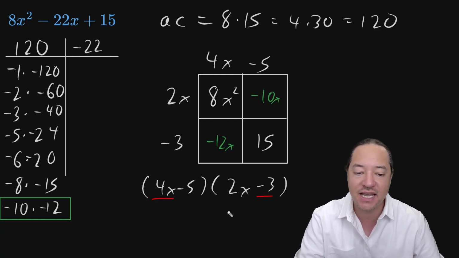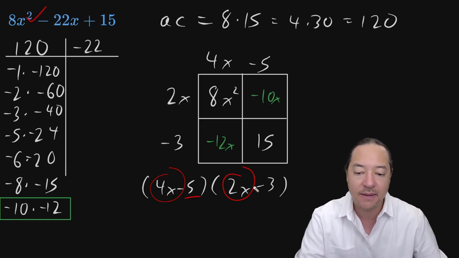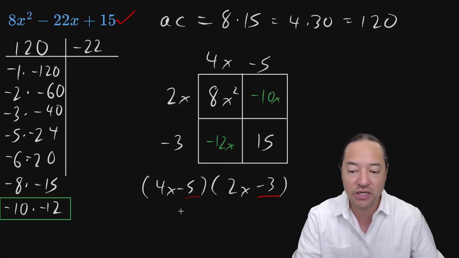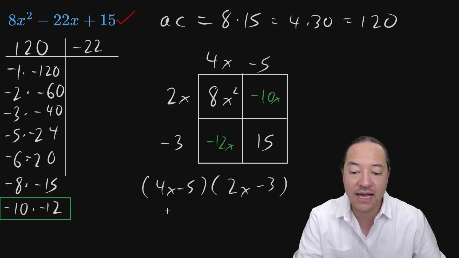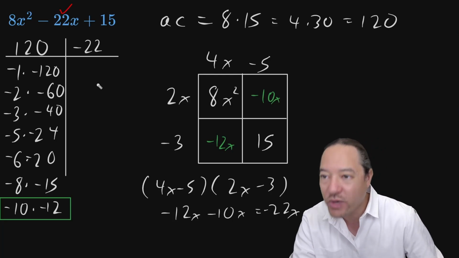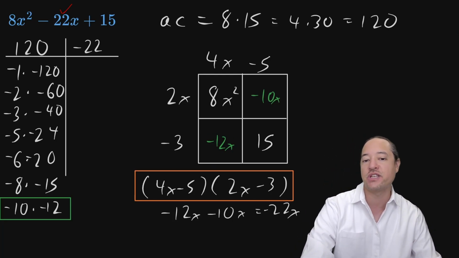So 4x times 2x is an 8x squared. Good. Negative 5 times negative 3 is a positive 15. Good. And then outer times outer is going to give me a negative 12x. Inner times inner is a minus 10x. That gives me a negative 22x, which is what I'm looking for. So yes, this is going to be my factorization there.